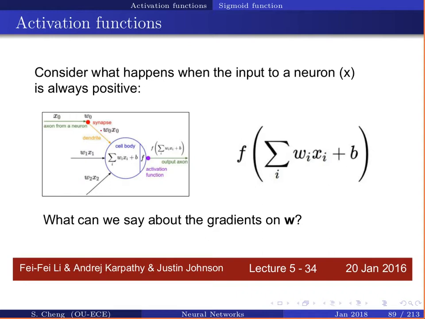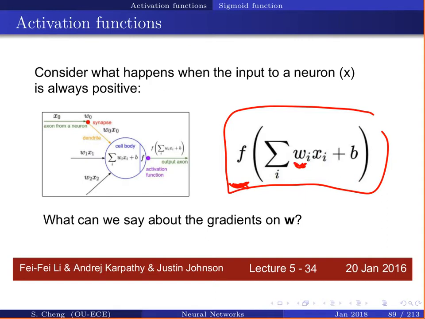So when it gets to the next computational node, or next neuron, the inputs will be all positive values. Think of the next computational node as computing a weighted sum of all your inputs plus a bias, and going through another activation function. Now if I compute the partial derivative with respect to the parameter, because you want to change the parameter, right?